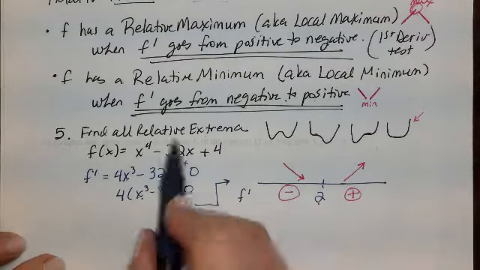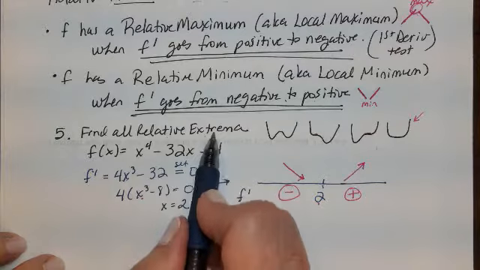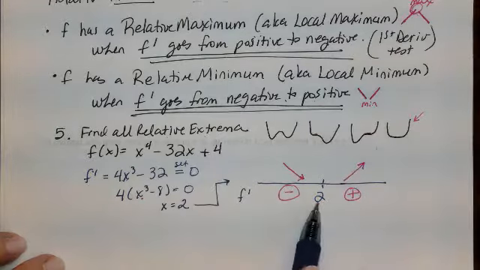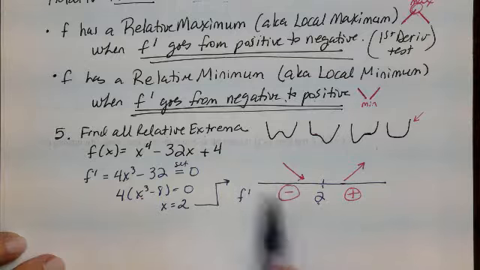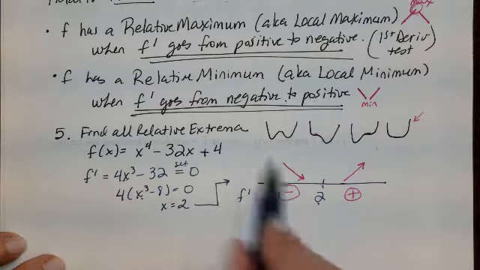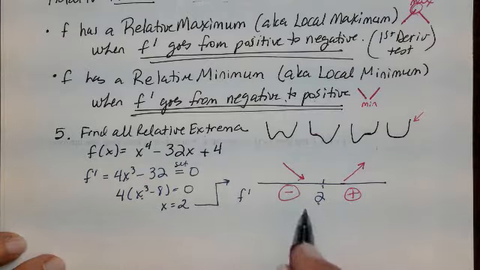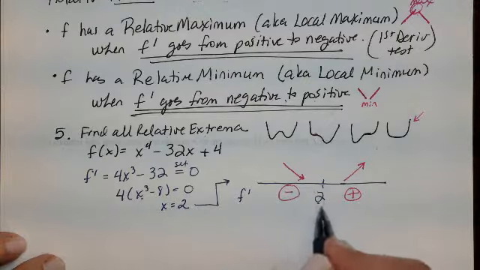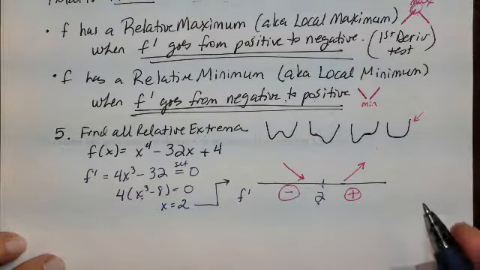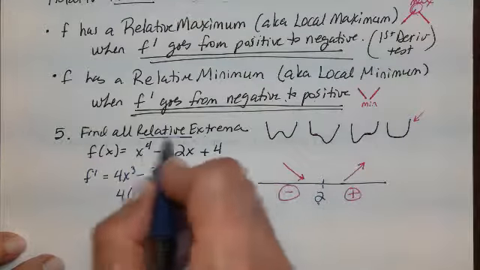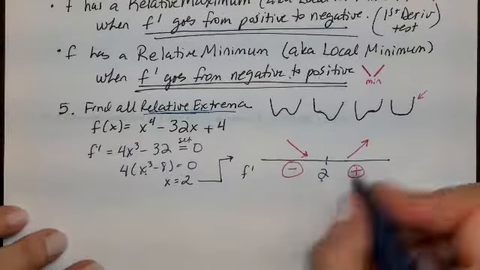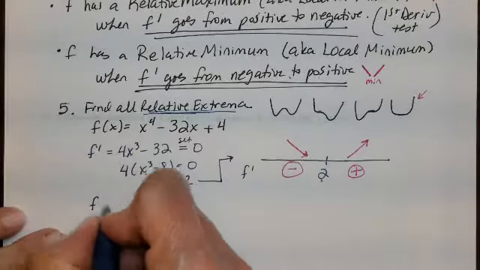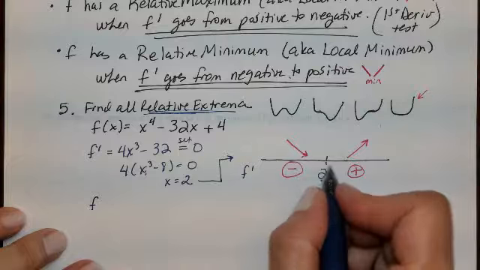Now it said to find the relative extrema. We found the x value where the extrema is, but did we find that minimum? No, we didn't. We only found the x value where it occurs, right? To find the relative min or max, you need to find the y value. So let's go find the y value when x is 2.